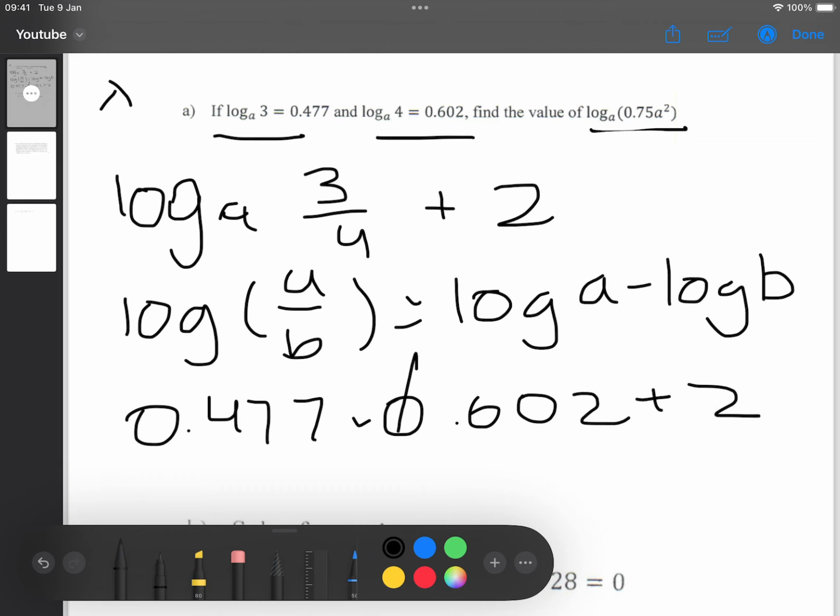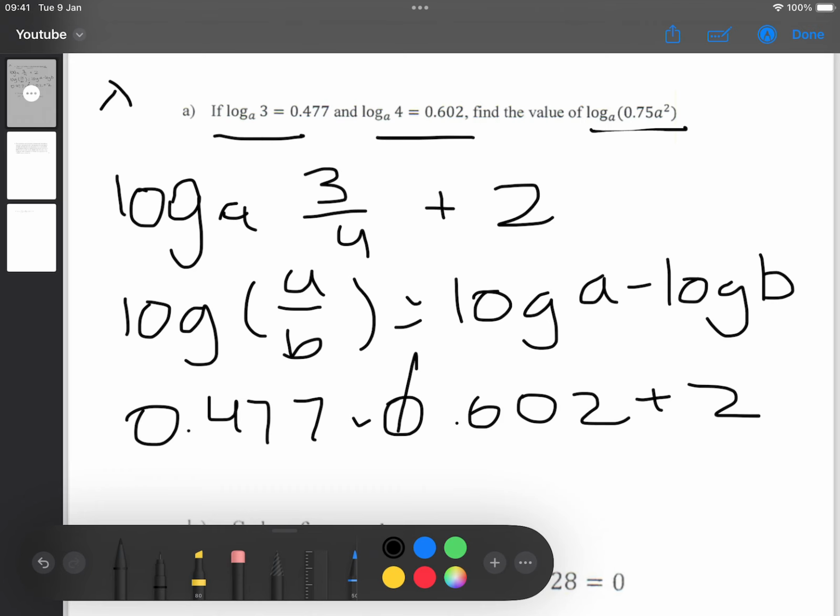Now if we put this into our calculator, we get 1.875, which would be our answer.